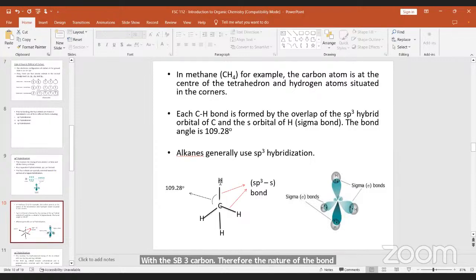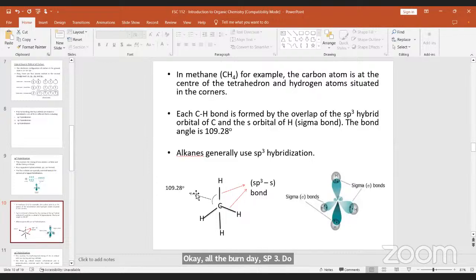It is a single bond. The nature of the bond is sp3 to s. And all the other bonds here are all sp3 to s. Okay? All the bonds there are sp3 to s.